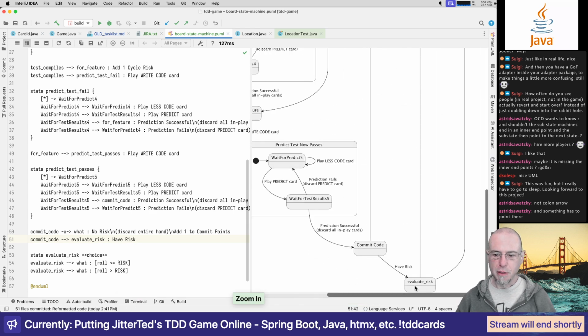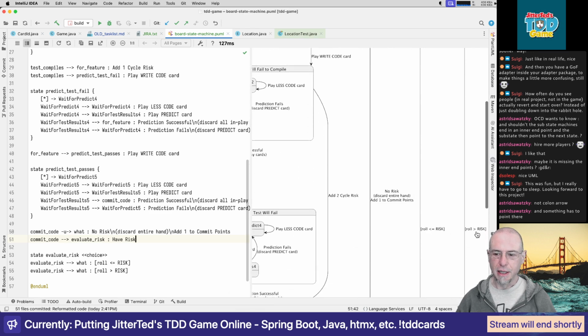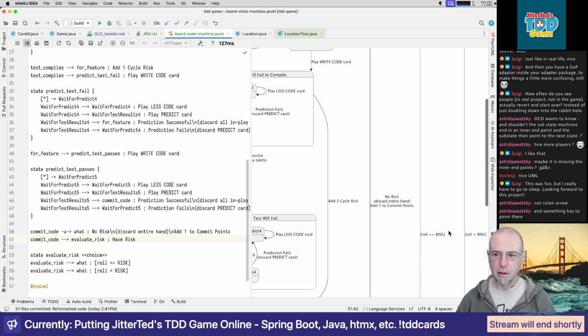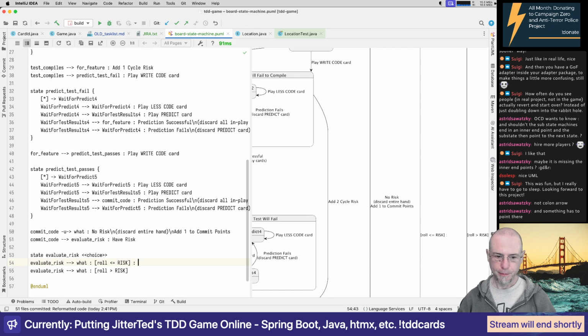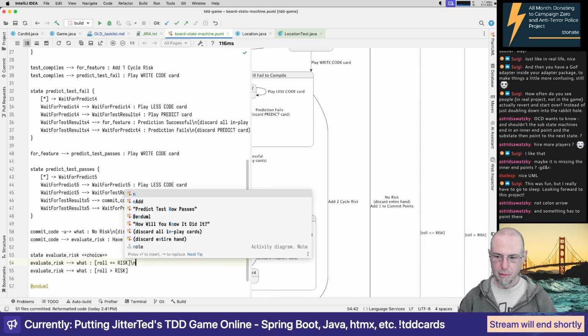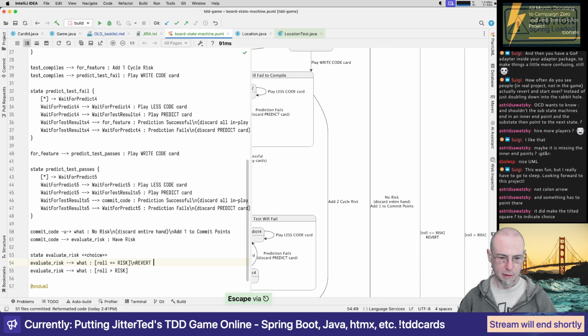Right. So if you have risk, we evaluate the risk. And the way we evaluate the risk is you roll a die. And if... Can I put a comment here? I guess it's just your roll is less than or equal to risk, revert and start over.